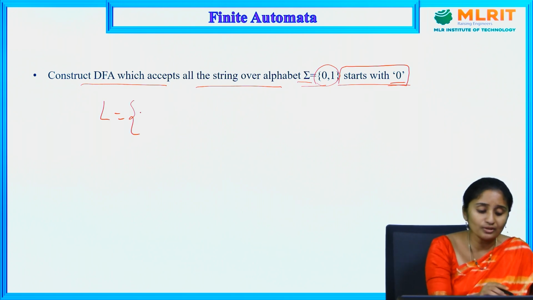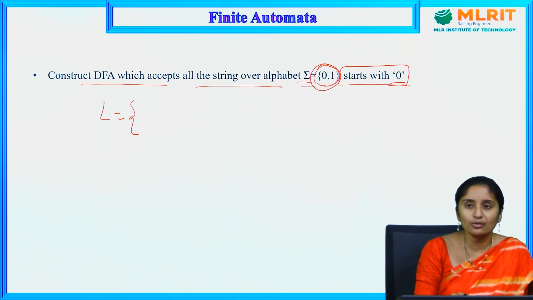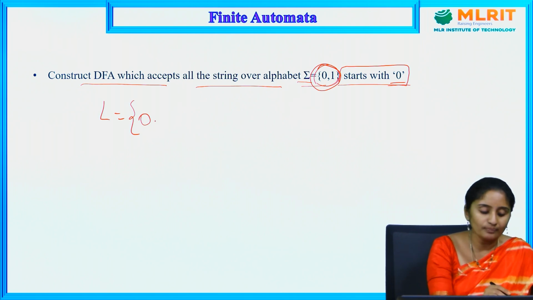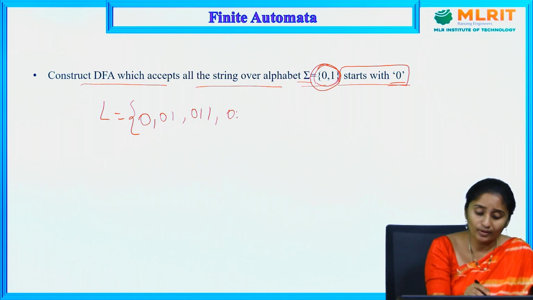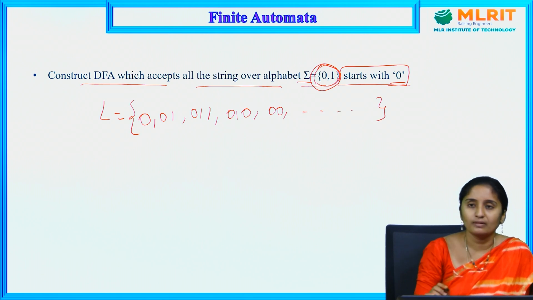So first I take 0, and next I can have anything: 0, 1, 01, 10, 00, and so on. Anything can be accepted.